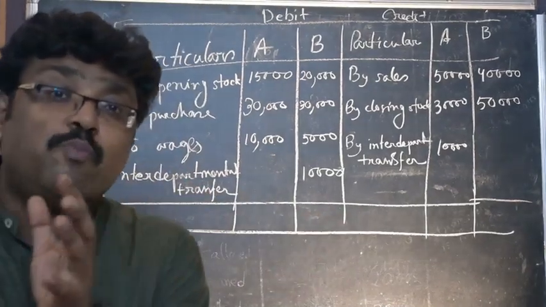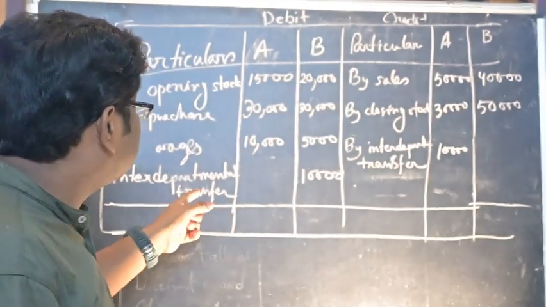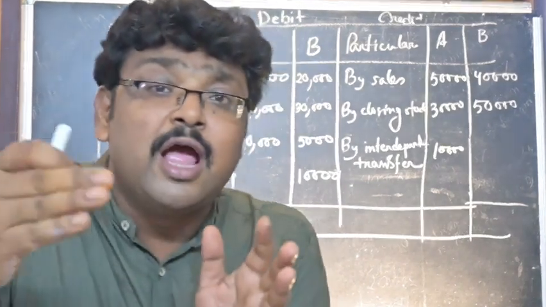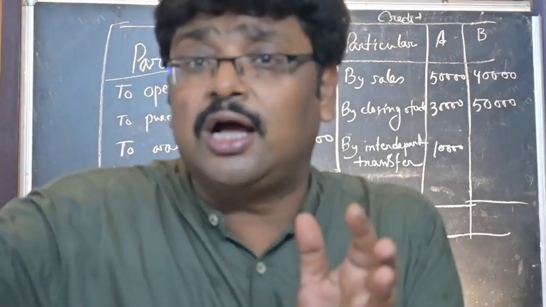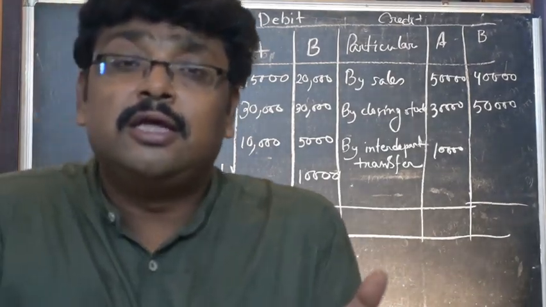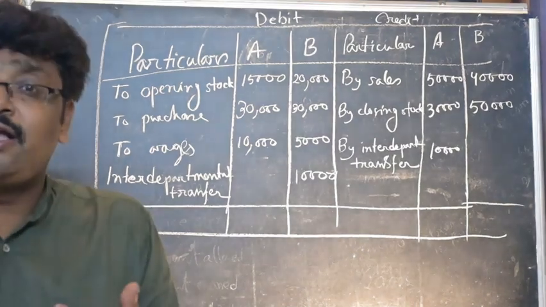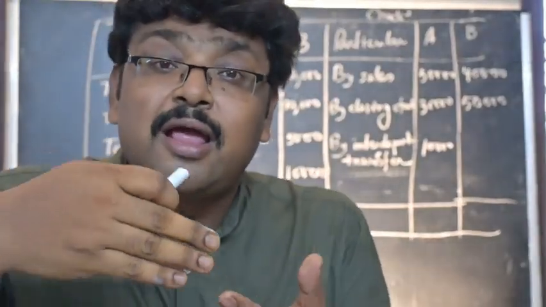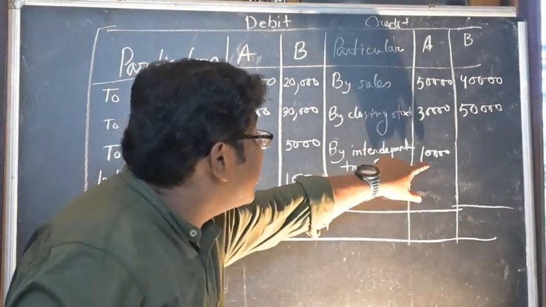Now there is another piece of information, that is the interdepartmental transfer. Transfer from A to B, and that is rupees 10,000. If it is transferred from A to B, A sold its product to B and earned some income, and as there is an increase in income for department A, that should be considered as a credit.